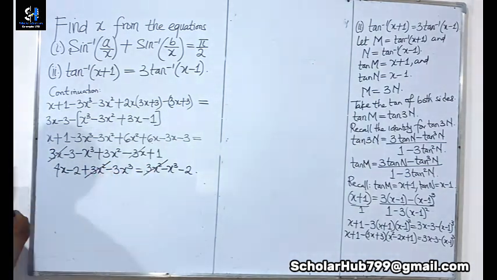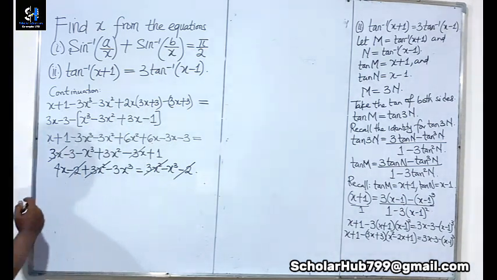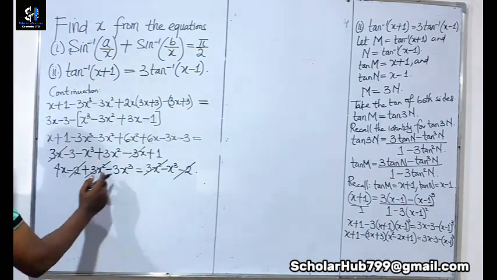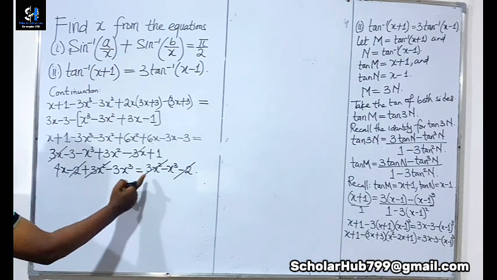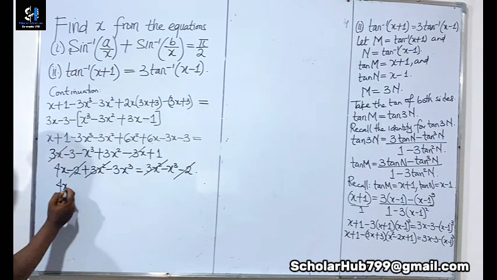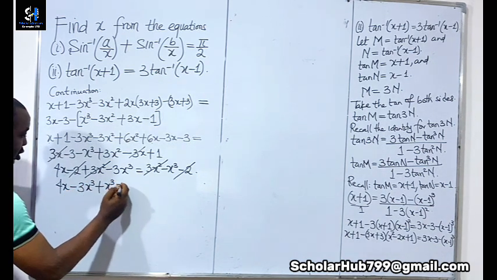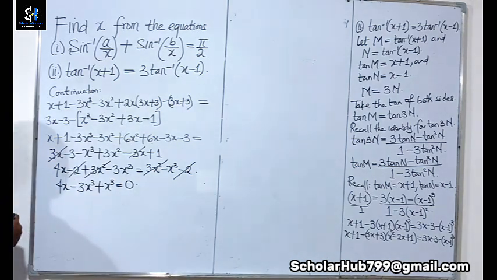That is 3x squared minus 3x squared, which will be 0. When we add 2 to both sides, that will be 0. Then we'll be left with, moving this to the left hand side, 4x minus 3x cubed plus x cubed equals 0.